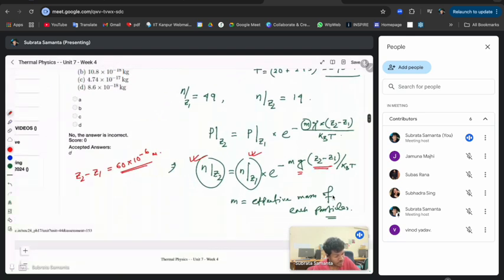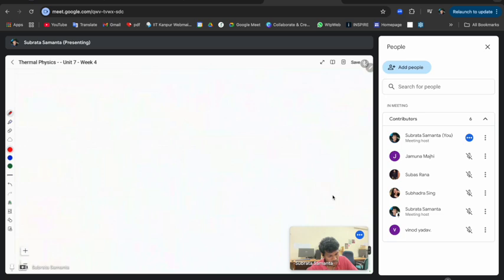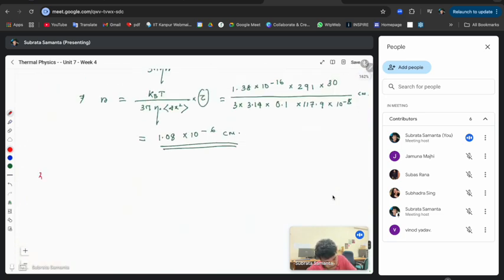And we know the values of kB and T are given. So now we calculate m explicitly. So n at z2 equals n at z1 times e to the power minus m g (z2 minus z1) over kBT.